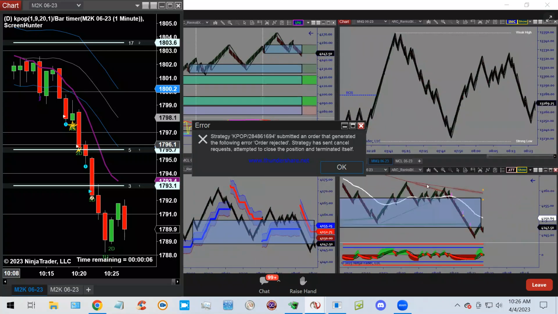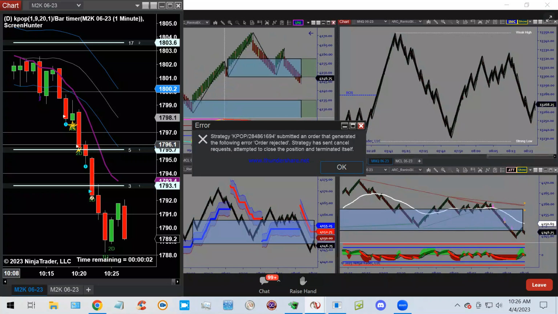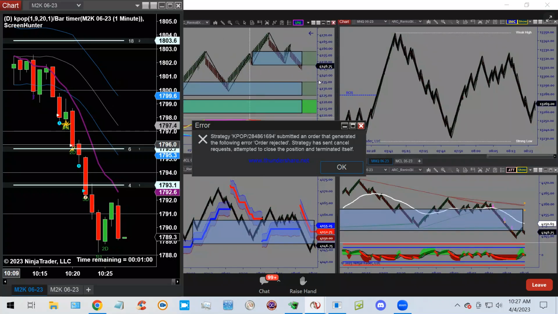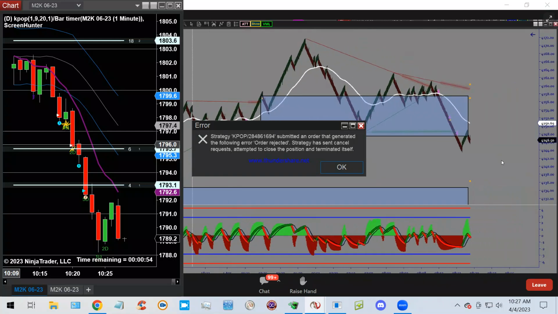Okay. So the whole concept is that I have another level down here at 4135, which means I'm going to make two decisions here. If I break below this support level, it now becomes resistance. This was not resistance.